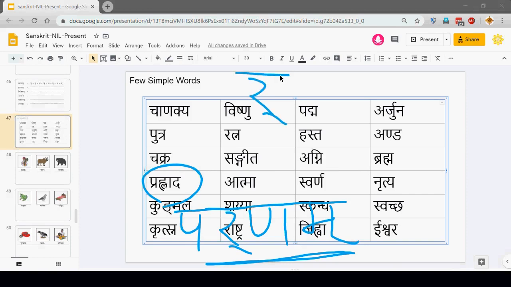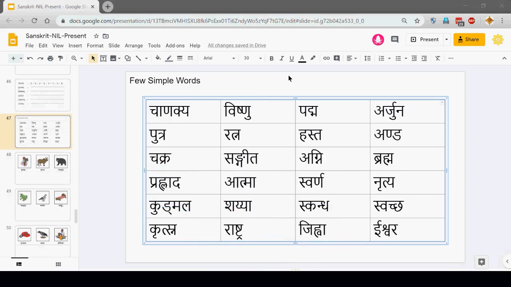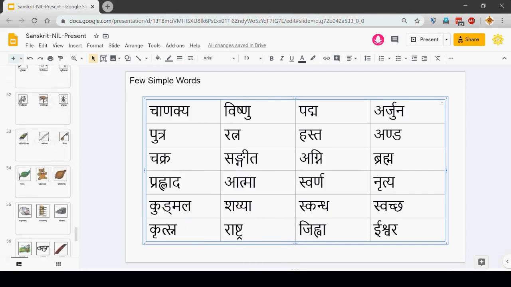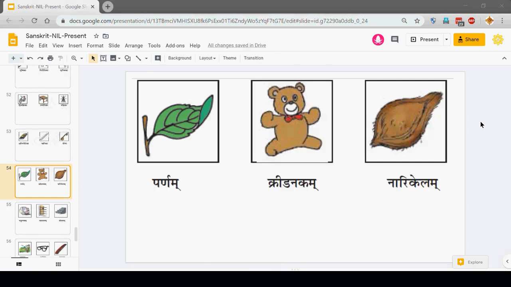And going from top to bottom, the top should be pronounced first. Arjuna. The same concept here. The hook is on top of na, but the hook is pronounced first. Hook is ra. Paranam. Paranam is a leaf.